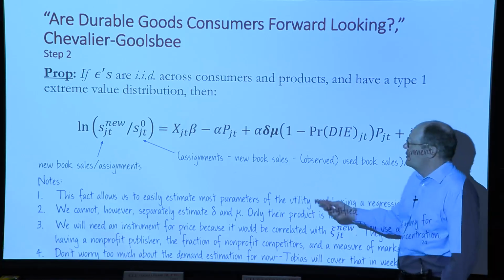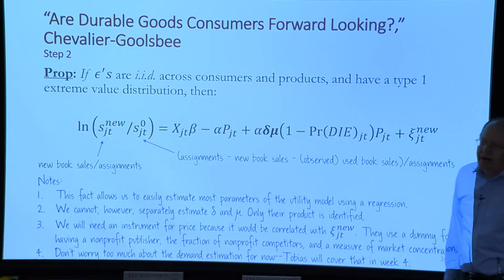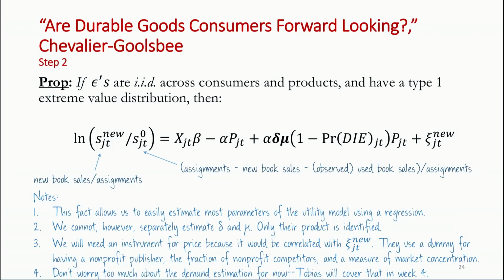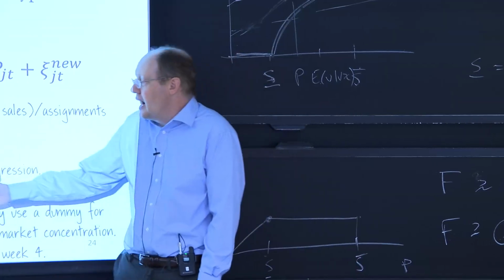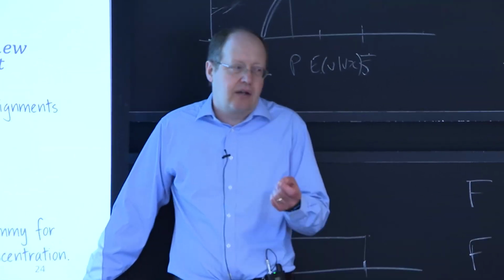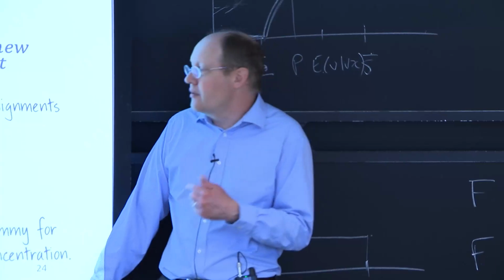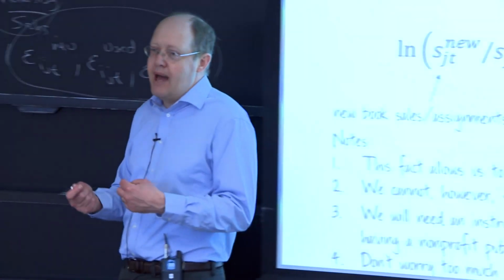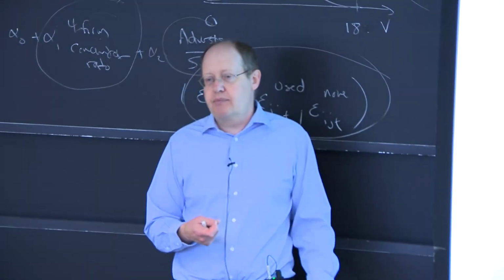The instruments they use for price are having a nonprofit publisher. For instance, Tirol's textbook is published by MIT Press rather than by Macmillan or somebody else. Tirol's book is cheaper than many other books because nonprofit publishers tend to set lower prices. Other instruments they use are what fraction of your close competitors are published by nonprofit publishers.